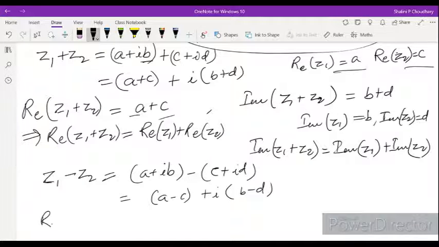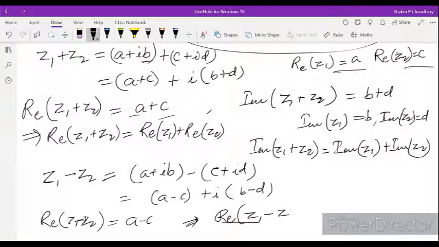So the real part of z1 - z2 will be equal to a - c. It means the real part of z1 - z2 is equal to the real part of z1 minus the real part of z2.